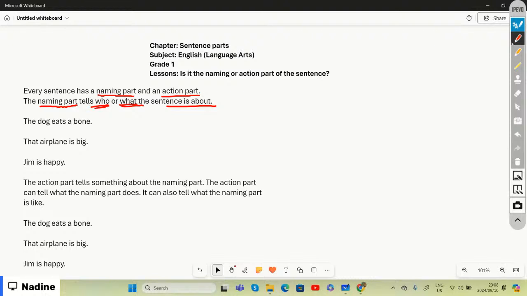And if we look at an example, the first example says, the dog eats a bone. Who is that sentence about? So if we were to ask ourselves, who is that sentence about? Then we say that sentence is about the dog because it's telling us what the dog is doing.